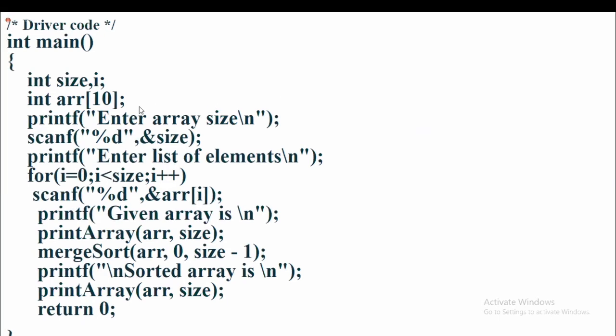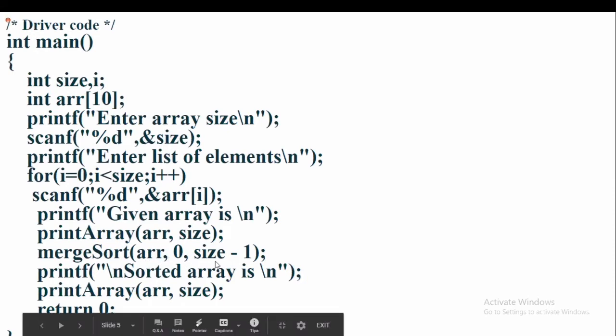Initially we read the size of the array and read the list elements. Next, we call merge sort with parameters array, 0 and size minus 1.